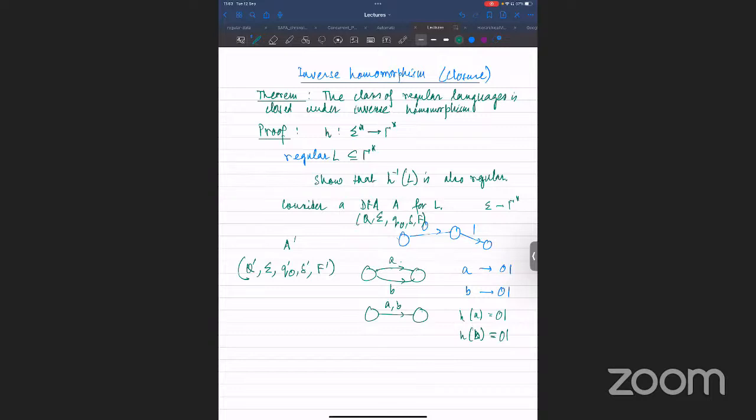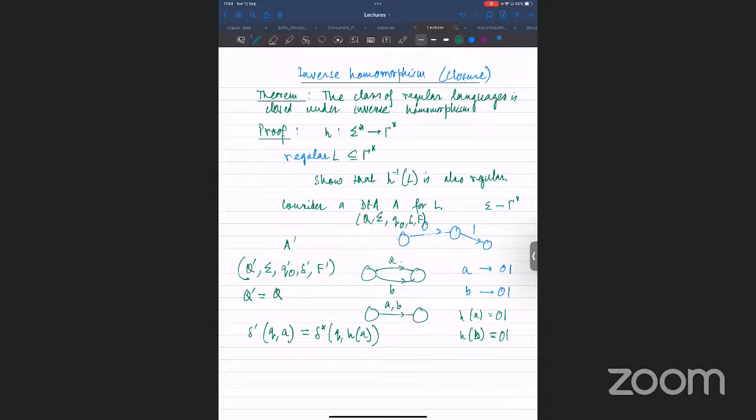Now I'll just write a bit of this. So what is my Q prime here? Q prime is the same as Q. And how am I going to define delta prime of Q comma a here? It is the same as delta star of Q comma h of a. Correct? Right?